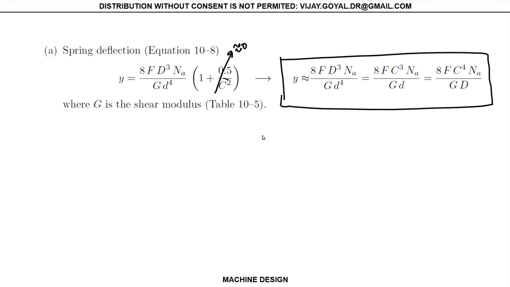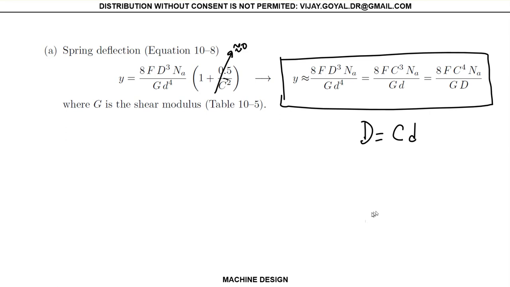If you had the mean and the wire diameter, this is maybe a convenient equation. If you had the index and the wire diameter, or the index and the mean diameter, other expressions may be convenient. They're all equivalent. You can derive them using the fact that the mean diameter is equal to the spring index times your wire diameter.